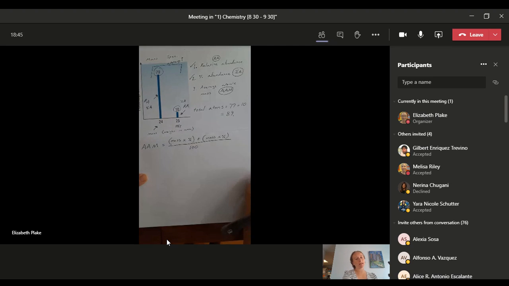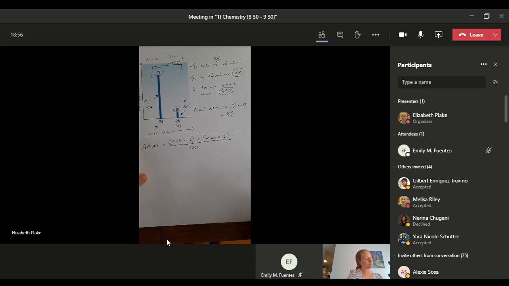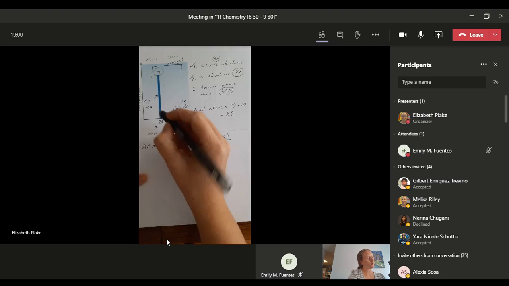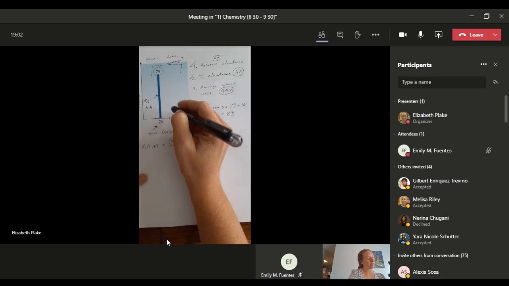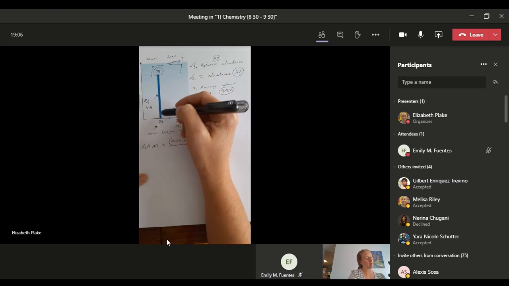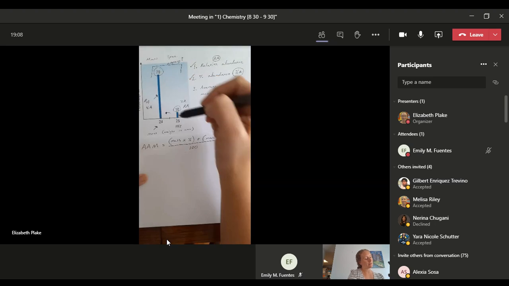So when you calculate average atomic mass, you are only going to get one answer. It's going to be the average mass for all of these 89 atoms. And it's going to be somewhere in between 24 and 25, but it won't be exactly in the middle. It's going to be tilted towards the mass that is more abundant.